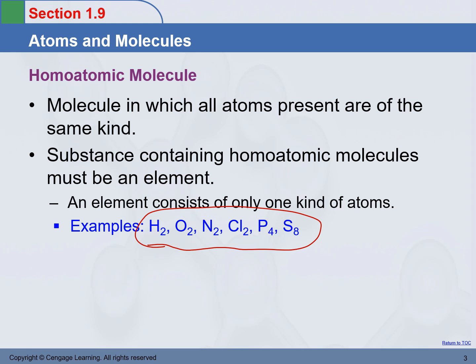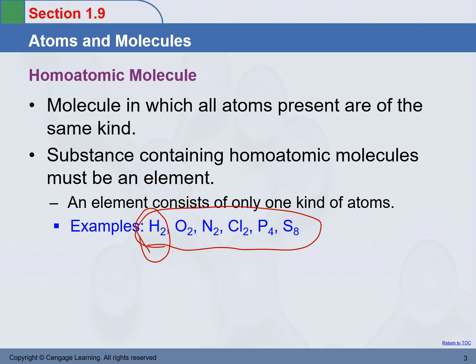Let's look at H2 as an example. H2 means this substance has hydrogen atoms in the molecule, and in each molecule there are two hydrogen atoms. The subscript 2 tells you how many hydrogen atoms there are. The capital letter H tells you the molecule has hydrogen atoms.